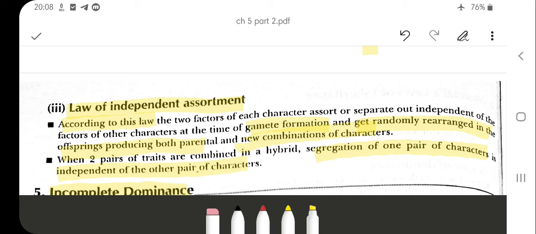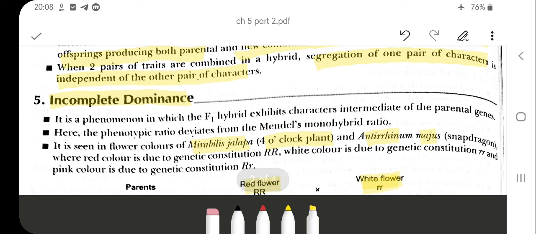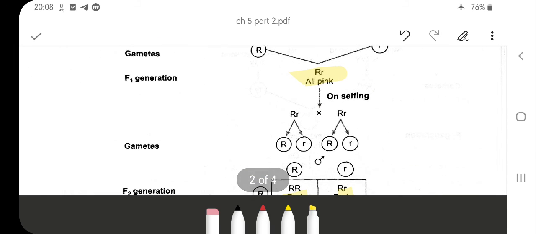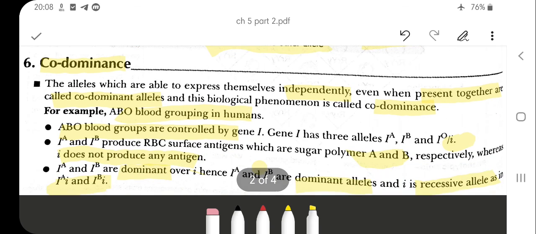Then we discussed a few more phenomena which deviate from Mendel's laws, or do not obey them directly. That is incomplete dominance, which is very common in snapdragon with red and white flowers. Then codominance, the best example of which is ABO blood grouping in humans.